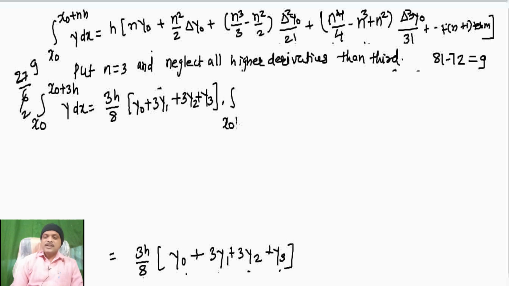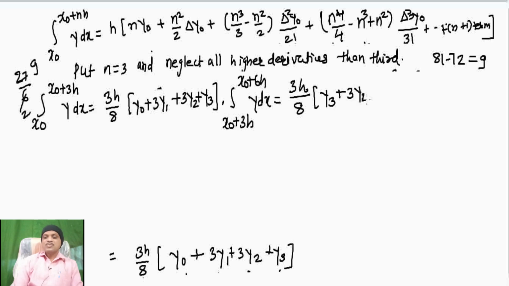Now, integration from x0 plus 3h to x0 plus 6h. Think about the multiplied term, multiple of 3. We have taken x0 to x0 plus 3h, so we will take x0 plus 3h to x0 plus 6h. Then similarly we will have 3h divided by 8 into y3 plus 3y4 plus 3y5 plus y6.